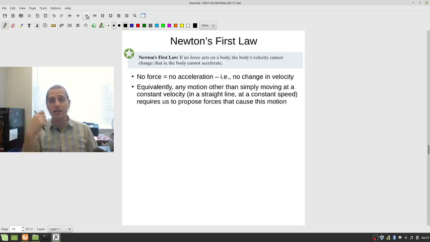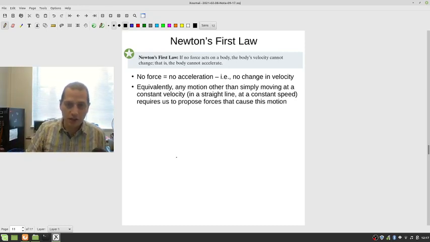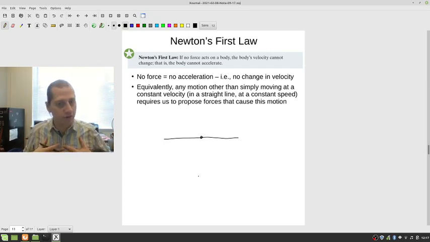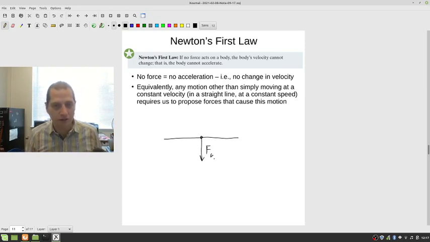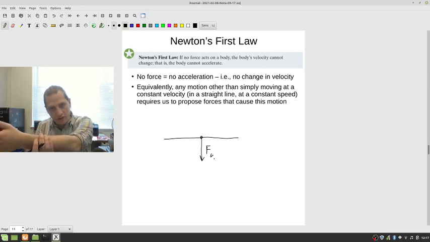Now I should say, if you think of yourself just sitting like I'm sitting in an office chair right now, we are going to have to introduce forces to explain why I'm, for instance, not falling into the center of the earth. Why? Well, because I do know that there is a force of gravity pulling me down. How do I know that? Well, jump up, you feel it. You feel your arm being pulled down if you hold it in your other arm.